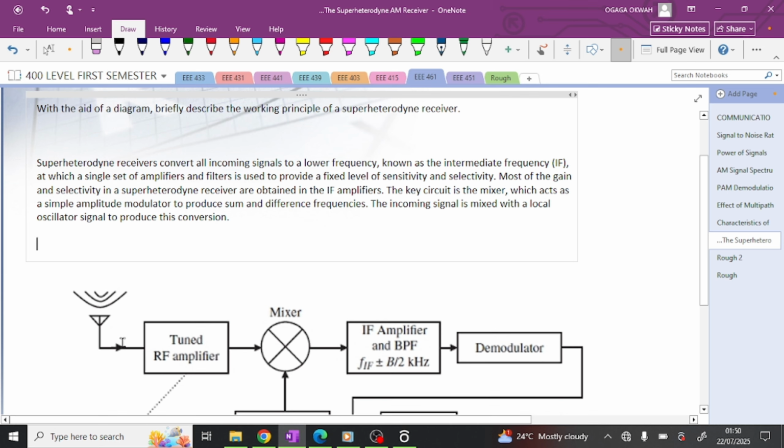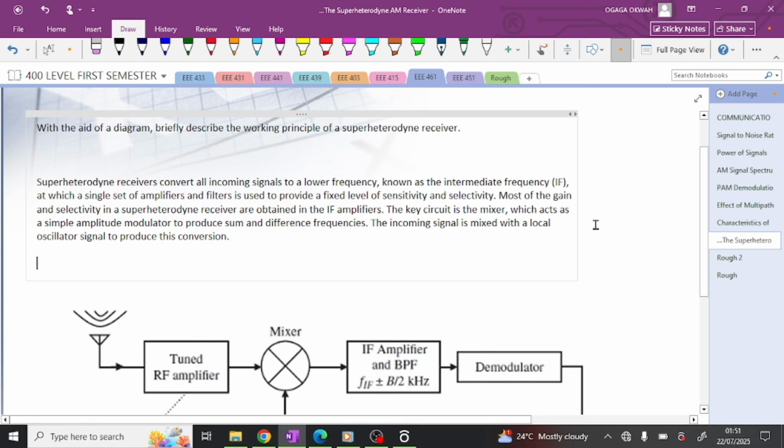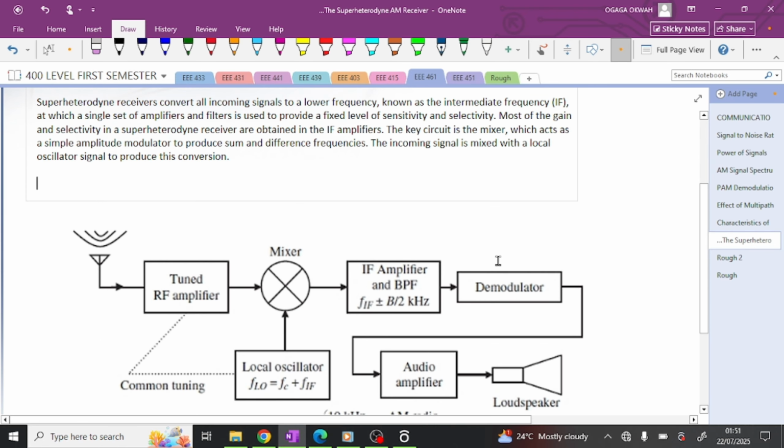So it converts all incoming signals to a lower frequency known as the intermediate frequency, at which a single set of amplifiers and filters is used to provide a fixed level of sensitivity and selectivity. The amplifiers and the filters, this is what we have here: amplifier, filter, amplifier and filter.